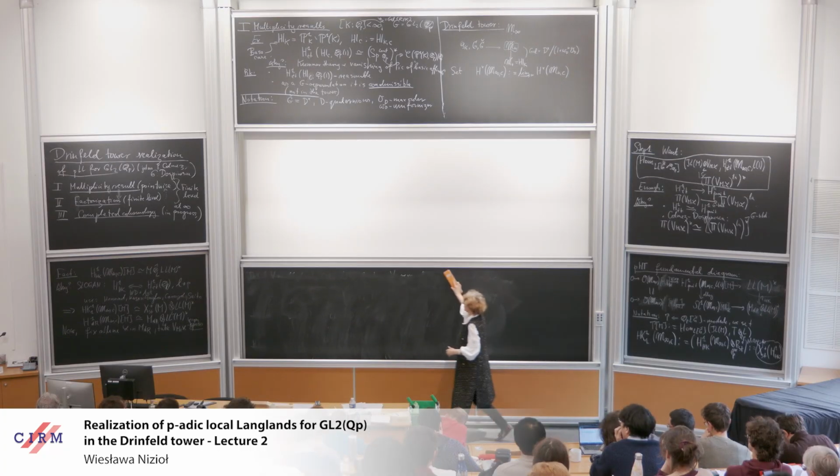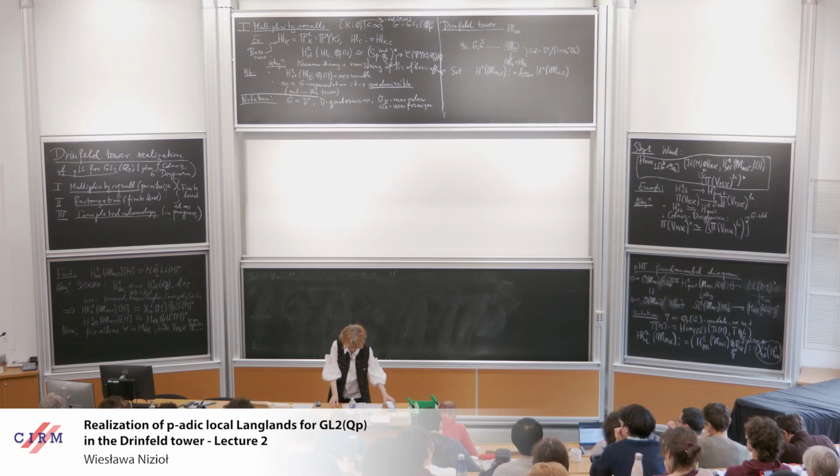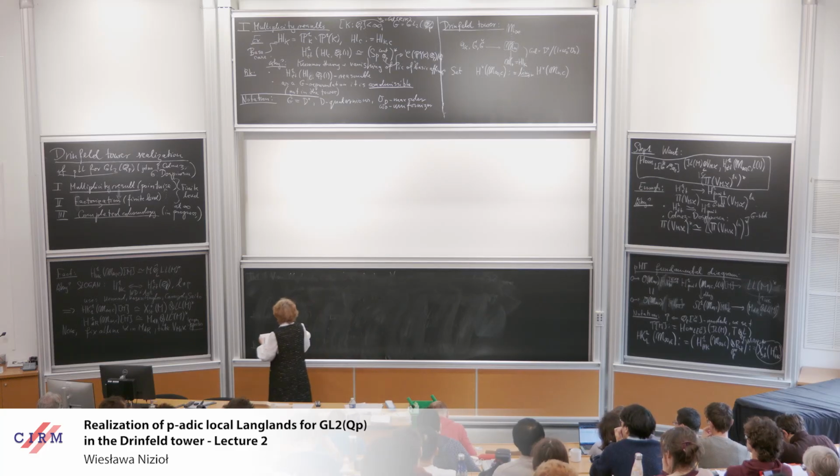Okay, so in step 3, this is the second input. We have the Breuil-Strauch conjecture.